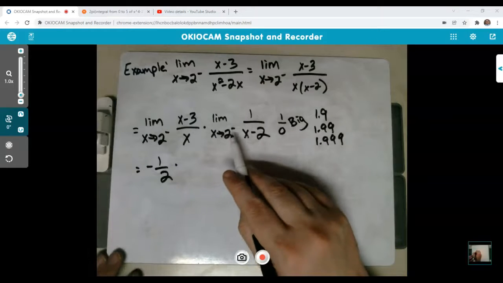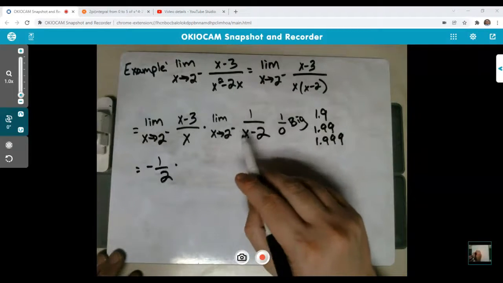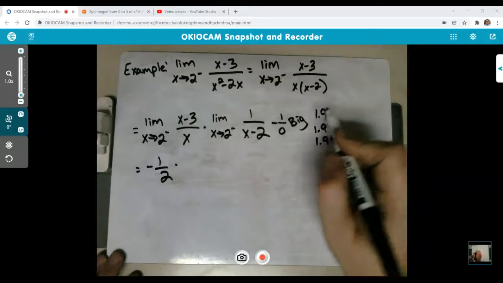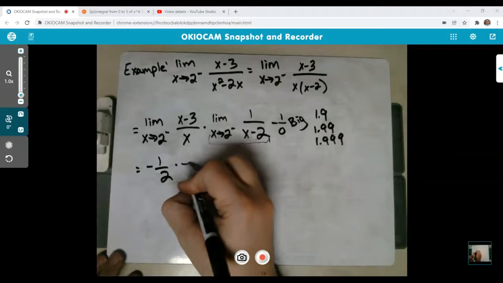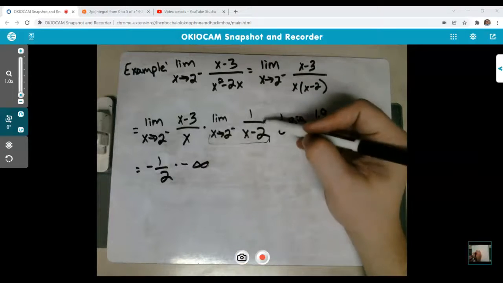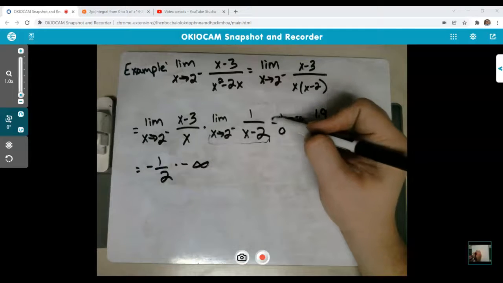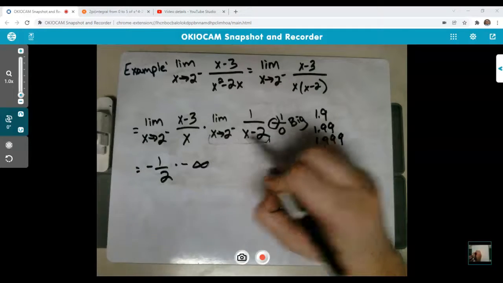But since I'm saying it's to the left-hand side, that's like 1.9, 1.99, and so on. So this is actually always going to be negative. So the limit here is going to be negative infinity. Again, because it's something really big, but with the minus sign because it's 1.9, 1.99, all of that stuff.